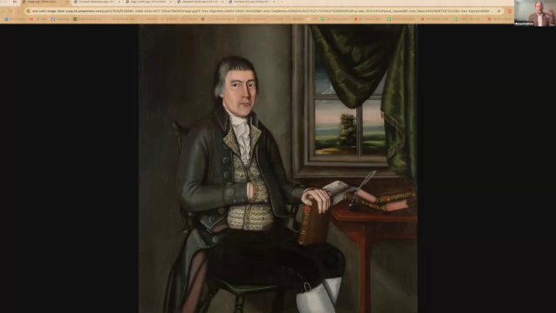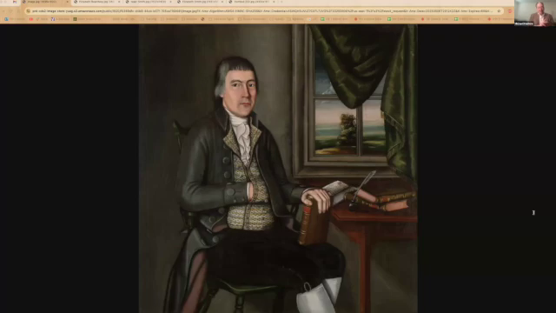And so, in the case of Hezekiah Beardsley, he's a professional, he's a doctor, and he has books, he's showing that he is successful, right? He's showing that he is someone who is interested in learning, but also someone who's wealthy enough that they can own books in the 18th century, which is not the case for most people.